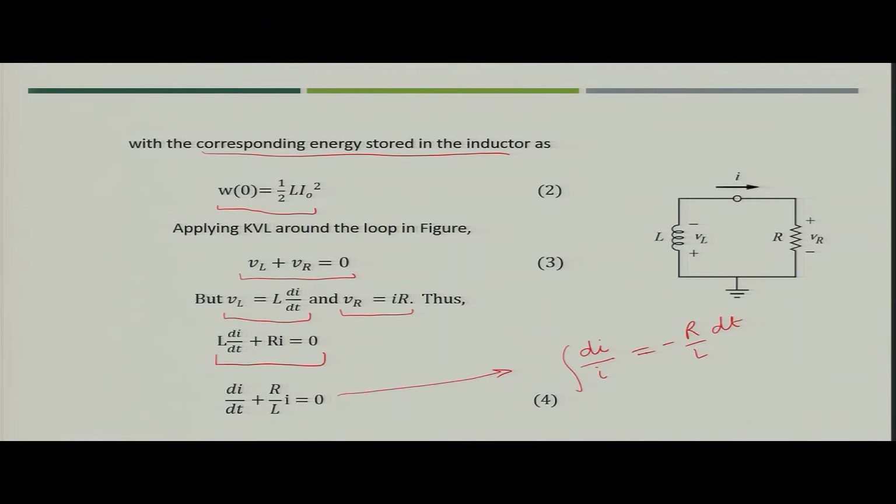Now integrate both sides, so ln i is equal to minus R by L t plus some constant. Let us assume that constant is ln A, which is what we assumed when analyzing the RC circuit. So, we can write ln of i by A is equal to minus R by L t.